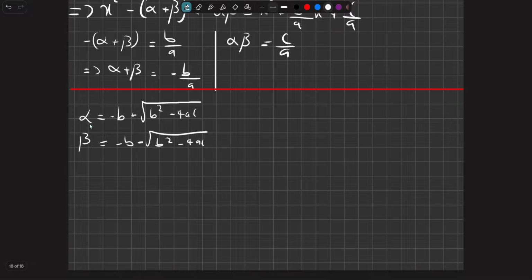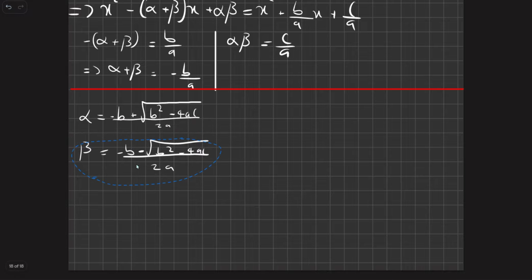Now both of these are divided by 2a. Just like so.